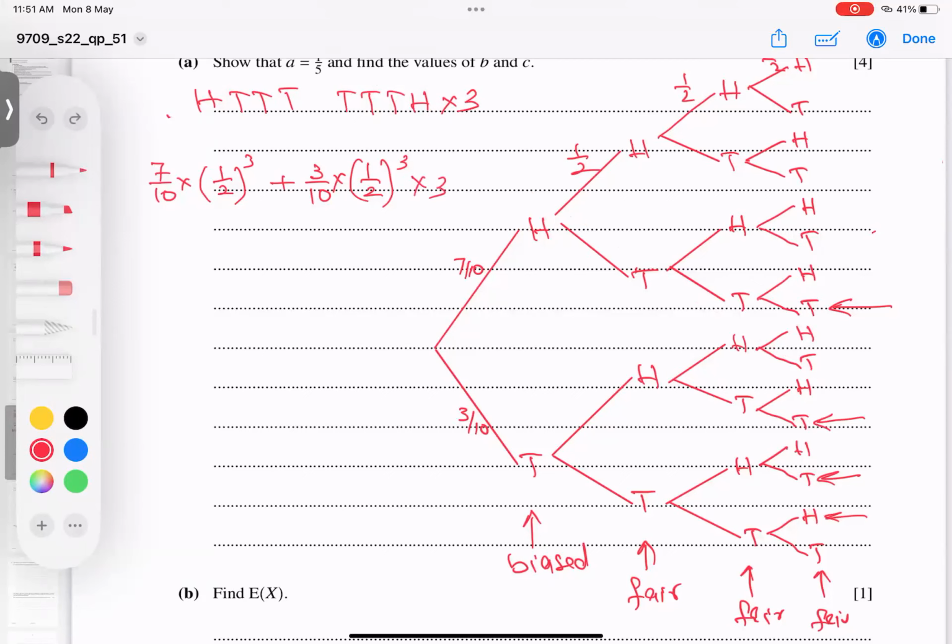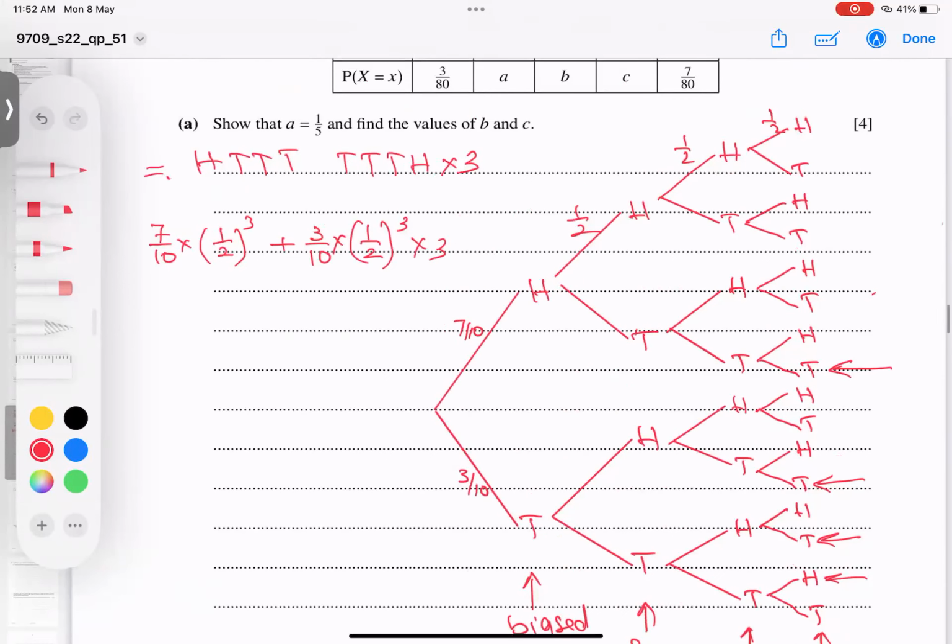Now if I type it in the calculator, it will give me half. So the A value I'm getting is, sorry, 1 by 5. Alhamdulillah Rabbil Alameen, this is clear.